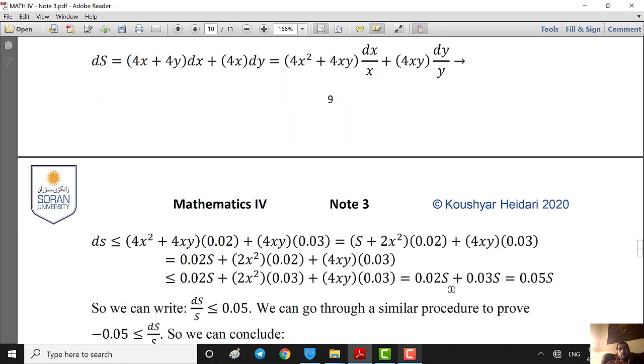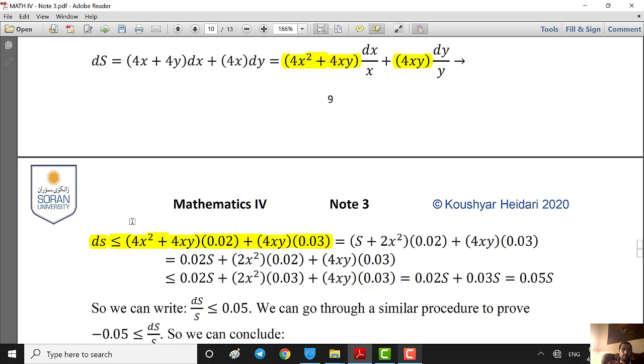Now, because dx over x can't exceed 0.02 and dy over y can't exceed 0.03, we can write that ds has to be smaller than this term times 0.02 plus this term times 0.03. If we write that, we're going to conclude this formula. But this is a very good conclusion.